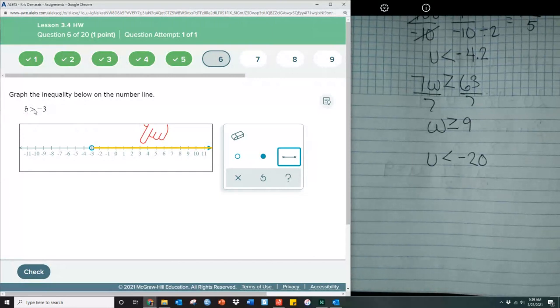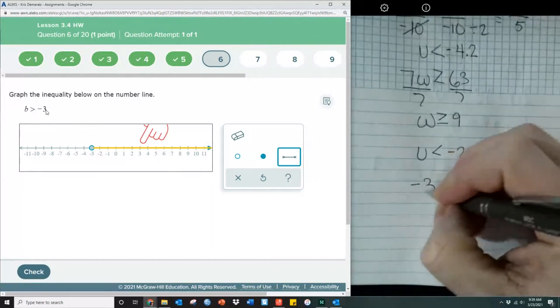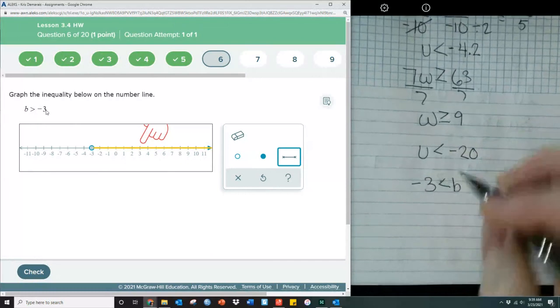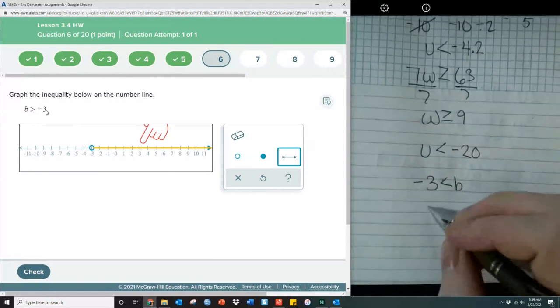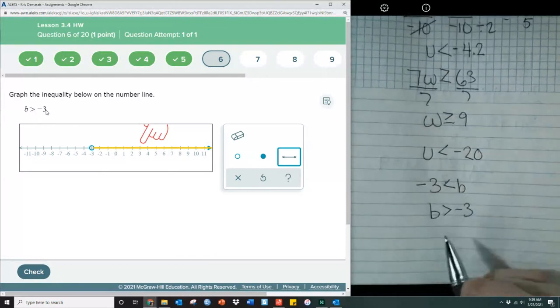In order to say the arrow is pointing to the right, I go to the right. If your variable is on the right side and not on the left side, then you have to switch it. And when you switch it, the inequality is switched as well.